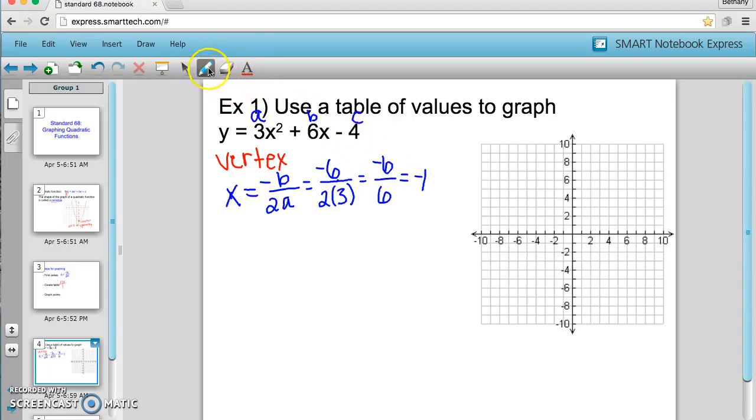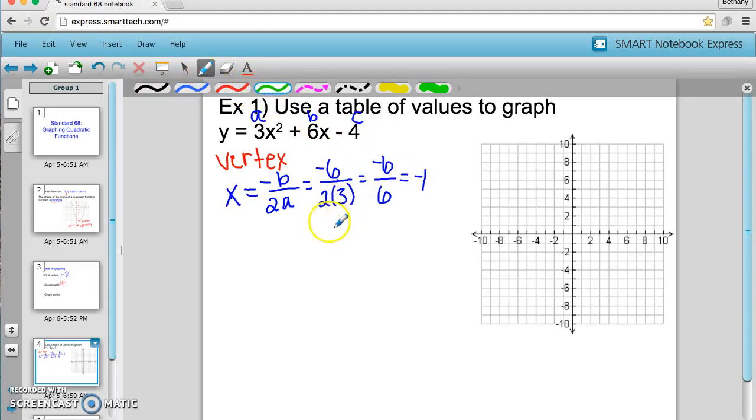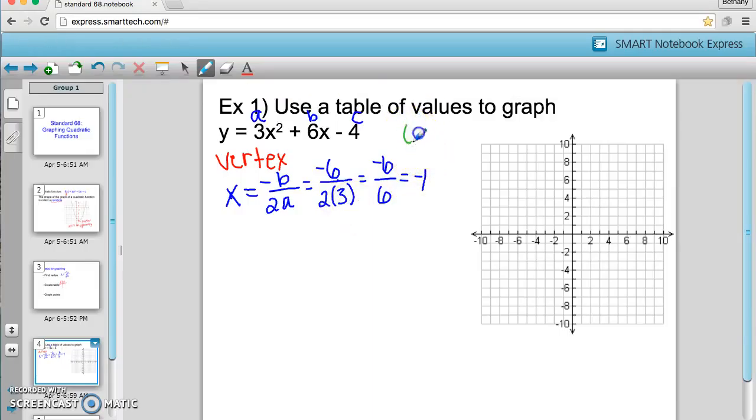Okay, so I need to find my y value as well, because remember a point is always going to be the point x, y. So I have my x value. Now to find my y value, I'm going to take this x value and plug it back into my original equation. So I would say y equals 3, and then instead of x squared, I'm going to say negative 1 squared, plus 6 times negative 1, and then minus our 4.